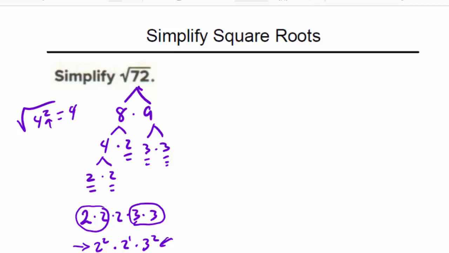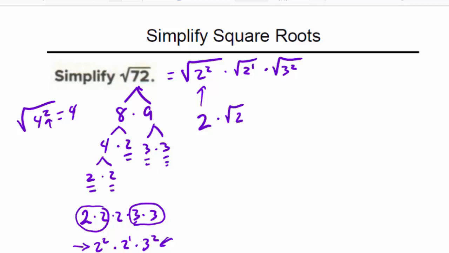So if I write them under radicals, I'm going to write that up at the top: the square root of 2 squared times the square root of 2. Remember, all these numbers were under the radical, so I've got to put them back under there. And the square root of 3 to the second. The first one right here, the square root of 2 squared is just 2, because 2 squared is 4, and the square root of that is 2. The square root of 2 to the first cannot be simplified, so I'm going to leave it under the radical.